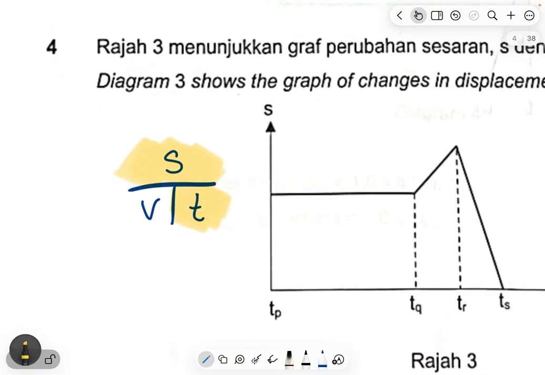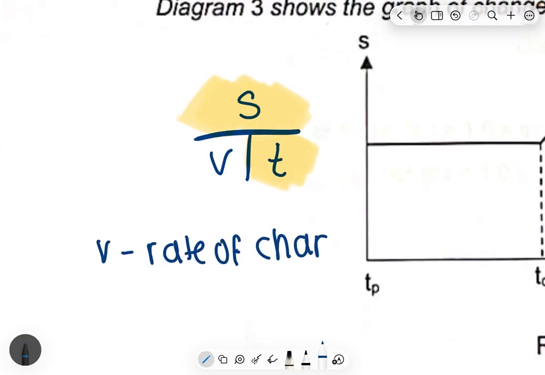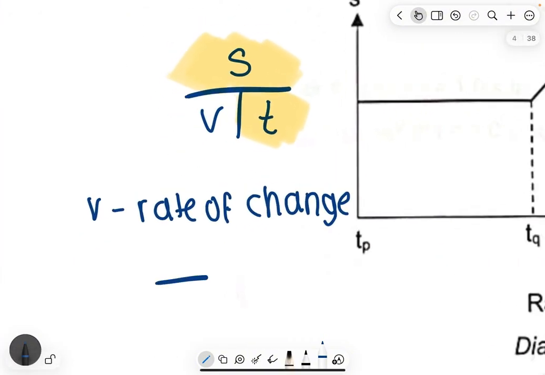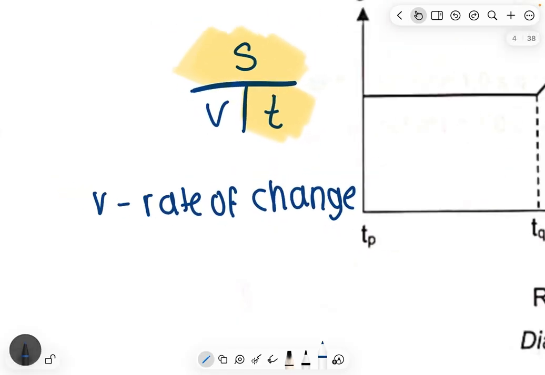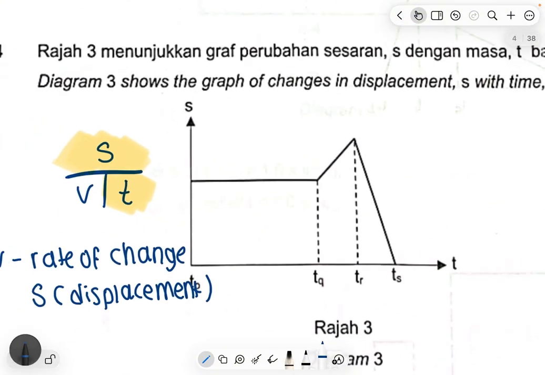So the definition of velocity is equal to rate of change of displacement, because anything that has a term rate of change, even in maths, you always pair it with t, right? So that's why from the formula itself, you know that it's called rate of change of s, or in this case, displacement. Meaning that displacement has to be increasing or it has to decrease.